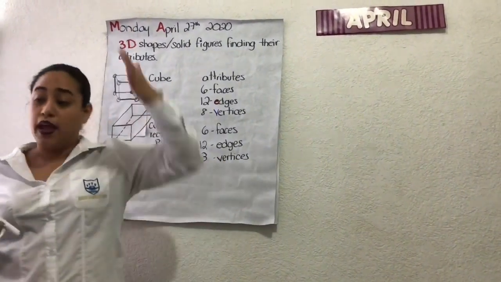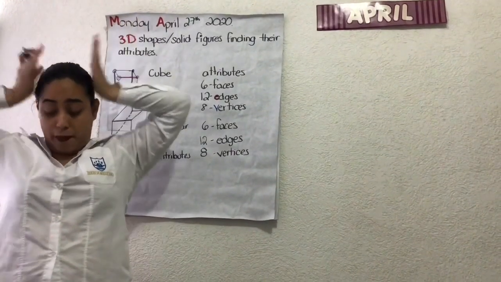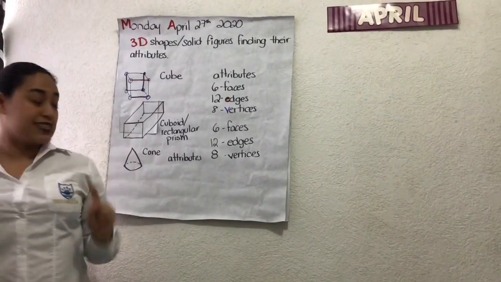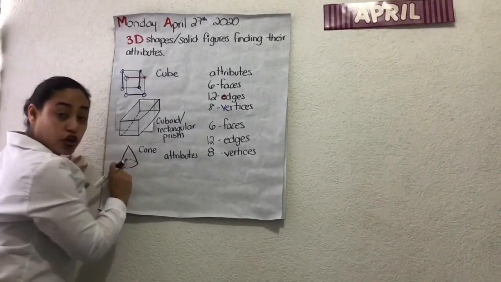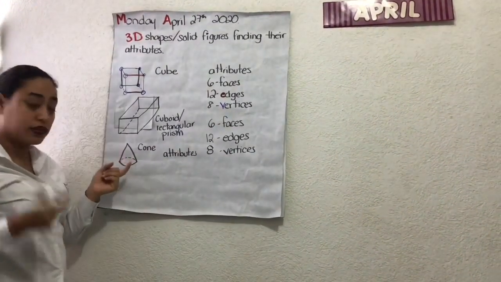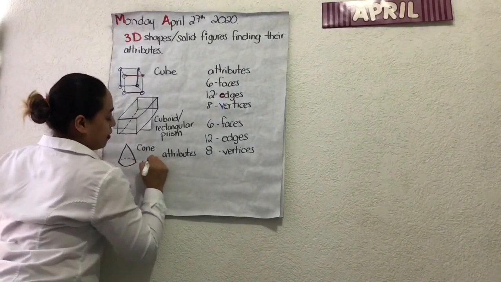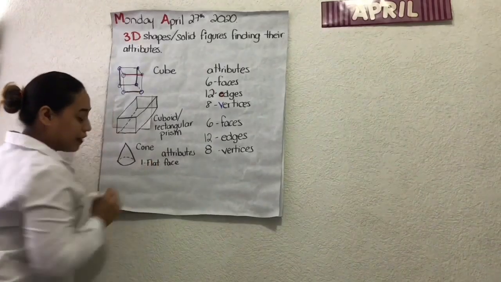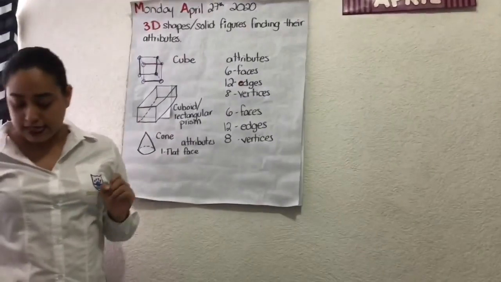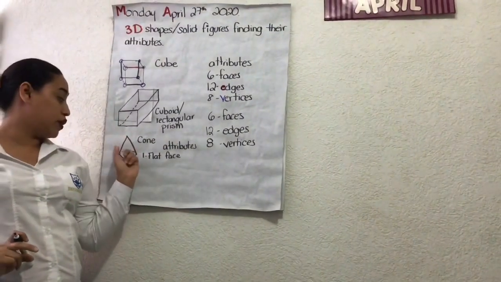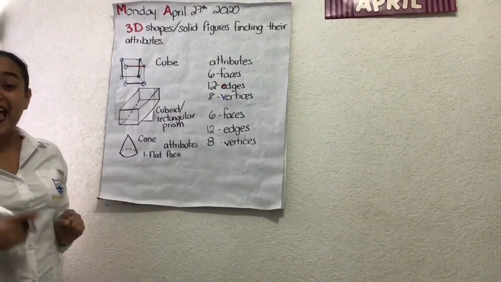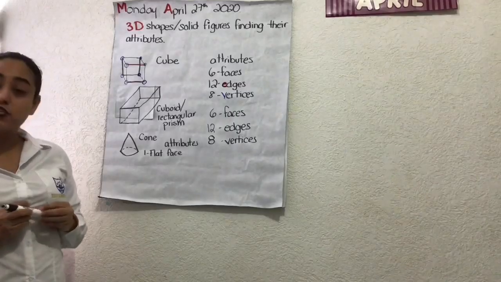I don't have one, but with the ones we use for a party, for example, it has one flat face, that is the circle at the bottom. So the circle at the bottom, it has one flat face, okay? One flat face. Then it has also a curved face. It only has one curved face. How many edges? How many edges does this one have?